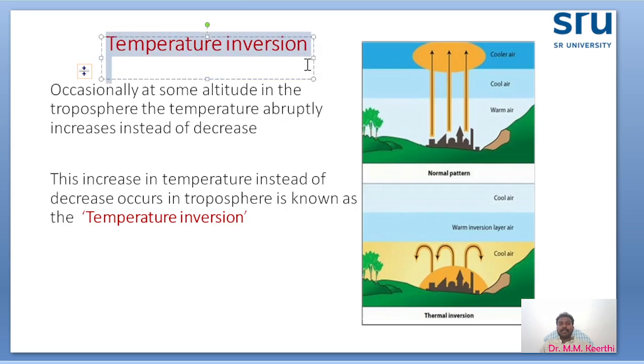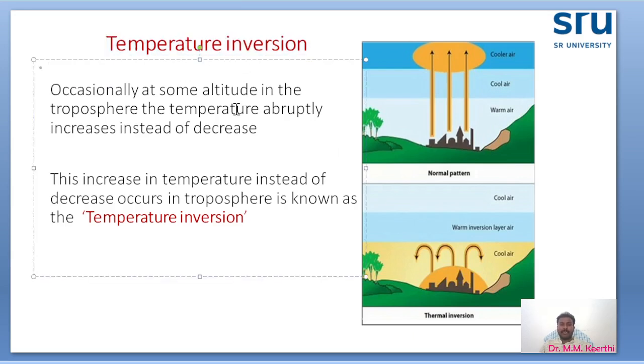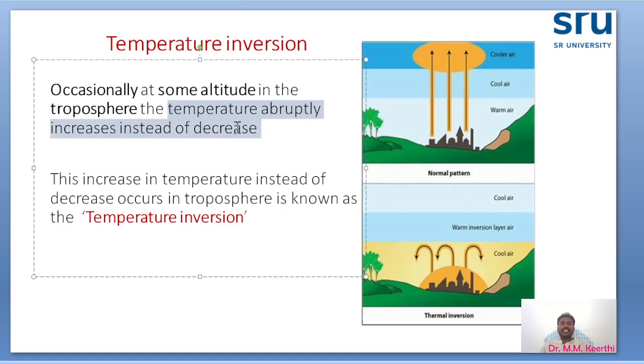Okay. Another important concept is called temperature inversion. The lapse rate, as I told you, means the temperature decreases when the altitude increases. What is temperature inversion? It occurs only occasionally. That word is very, very important: occasionally. Occasionally, at some altitude in the troposphere region, the temperature abnormally increases instead of decreasing.